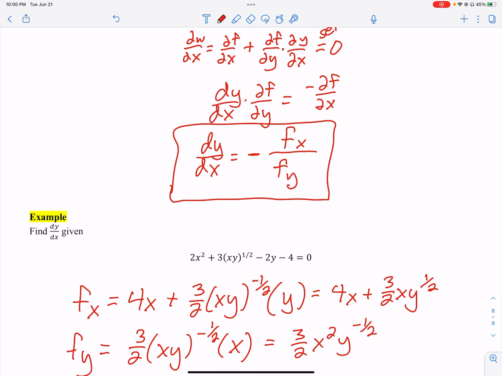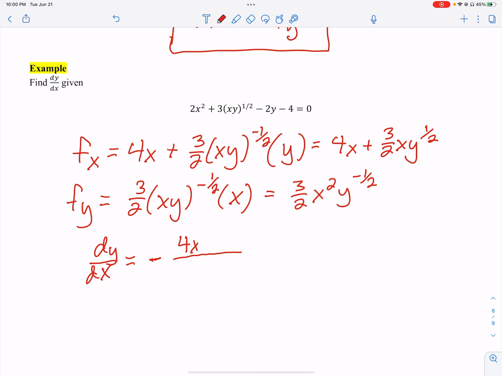No, we're good. So I put 4x plus 3/2 x to the y to the 1/2, and I divide that by 3/2 x squared y to the negative 1/2. We could fix this in a certain way, flip things around and stuff like that.